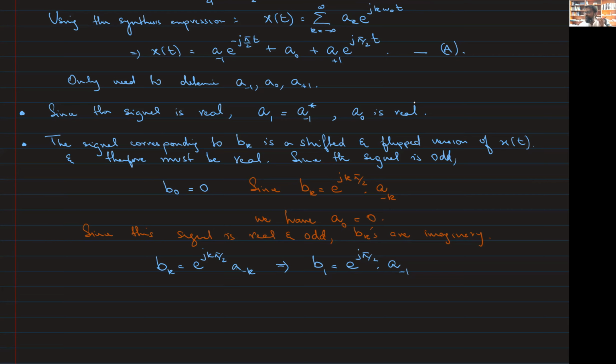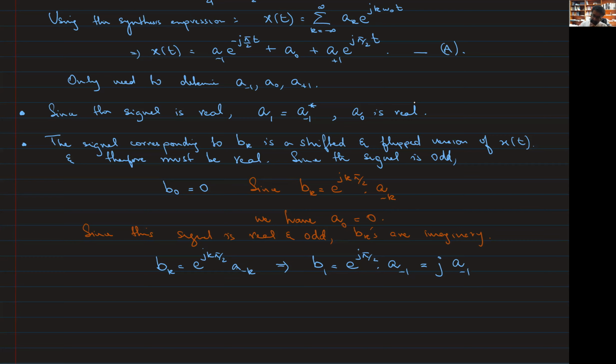You have the answer, -1. e raised to power j pi by 2 is not -1. The people in the chat box say it is actually j, which is correct. So this is equal to j times A minus 1.